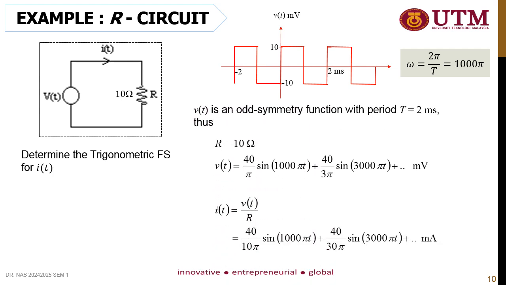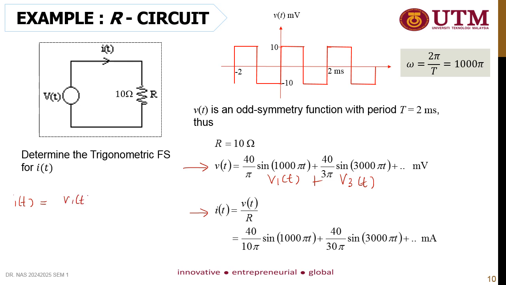In this case, R equal to 10 ohm. So v(t) as calculated earlier in the previous slide is given by this equation, so i is basically equal to v divided by R. So in this case, you have v1(t) plus v3(t).